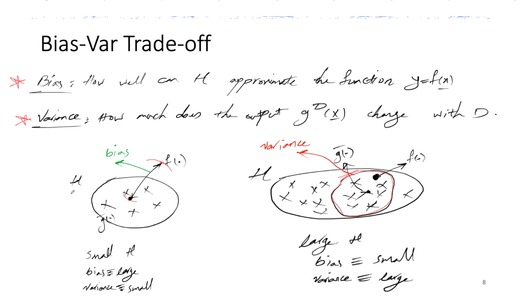So, in the case of a small hypothesis, both your g and g bar are the same, right? Thus your variance is very small.